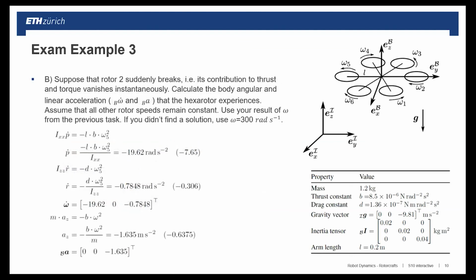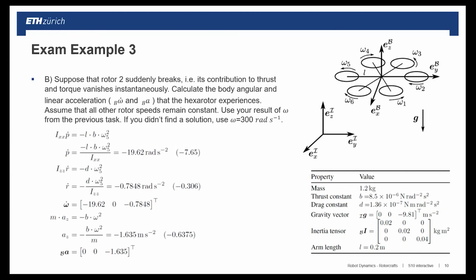Now, the second question is about the body angle if, for example, you have one rotor which is breaking down. And we assume that just the rotor flies away or whatever. So we have one of the rotors which is not generating any force anymore.